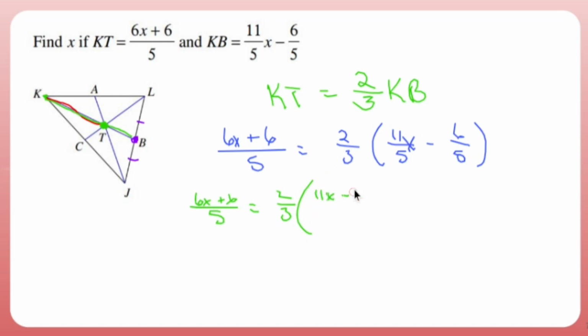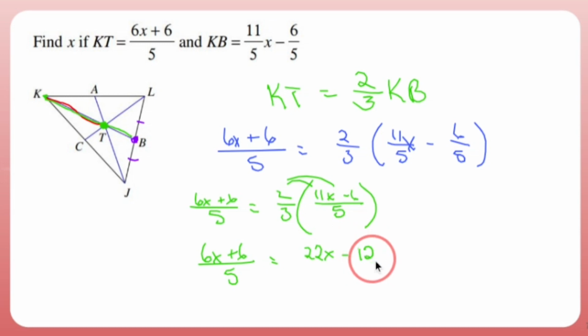Now I'm going to multiply 2/3, so 2 is multiplied to everything there. That equals 2 times 11, which is 22, minus 2 times 6, which is 12, all over 3 times 5, which is 15.